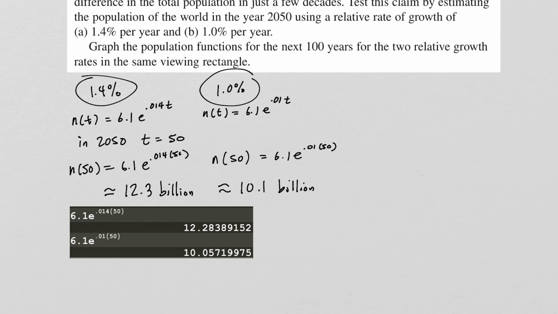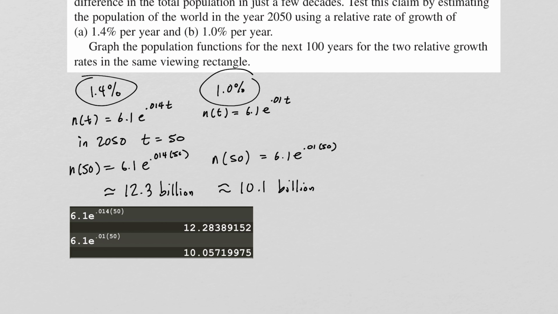So you can see that at this growth rate, in 50 years, the population will have more than doubled. And at this growth rate, in 50 years, the population will have almost doubled. So is this significant? Yes, it is, right? I mean, this is a huge increase in the number of people in the world. So either one of these growth rates is going to give a lot more people in 50 years.